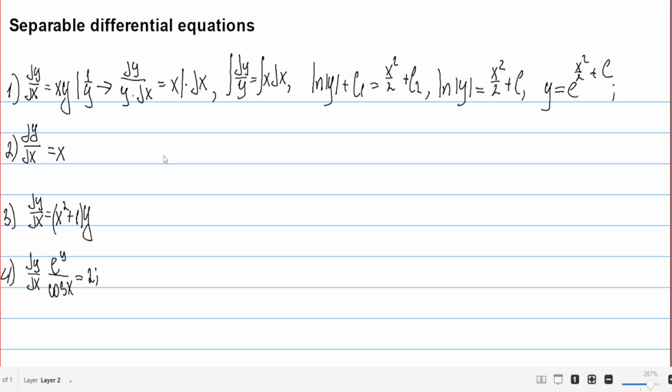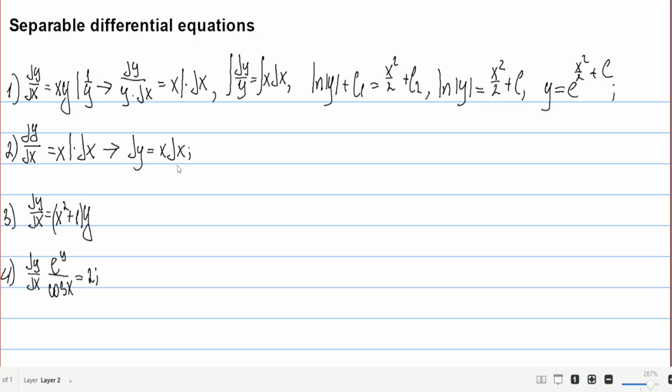Now let's get down to the next one. This equation seems to be a little bit easier, and yes, it's actually easier. The only thing we need to do is to multiply both sides of our equation by dx. So we'll have dy is equal to x times dx.